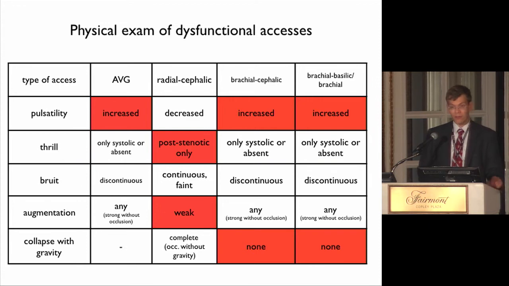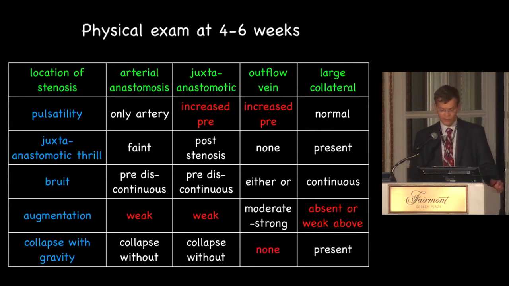So here's just a table that I think you have in your printouts of the most common findings, with pulsatility, thrill, bruit, augmentation, collapsibility, associated with a typical stenosis found by access type. And since we're putting so much effort into creating autogenous accesses, this is a table of the most common findings associated with non-maturation, arterial anastomotic or juxta-anastomotic stenosis, outflow vein stenosis, or the presence of a large collateral.